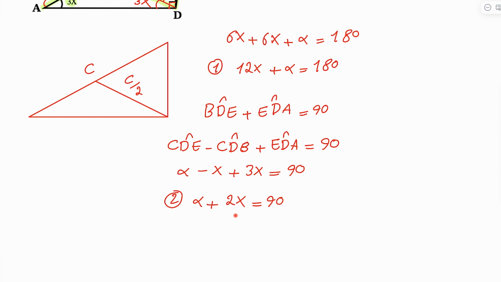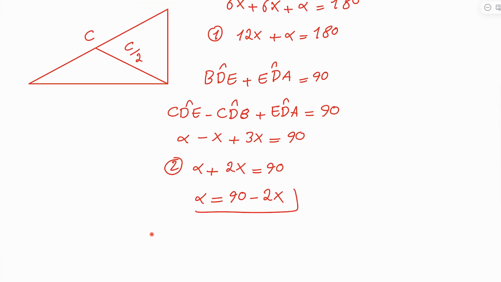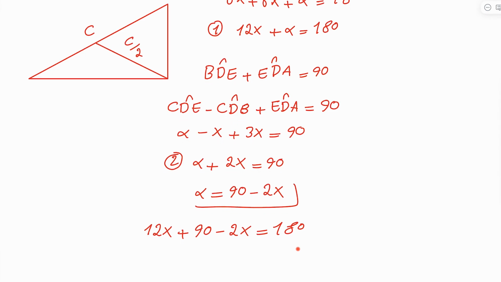If we solve this equation for alpha, and subtract 2x from both sides, we'll get alpha equals 90 minus 2x. If we substitute the value of alpha into the first equation, we can write 12x plus alpha, which is 90 minus 2x, is equal to 180.